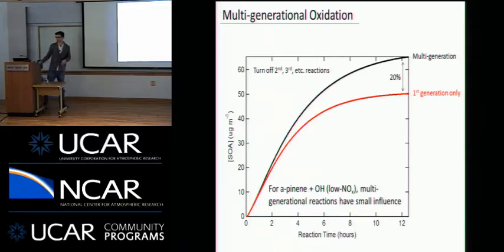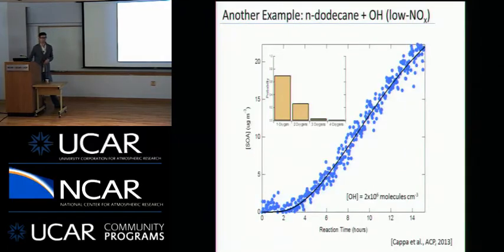So we can explore these types of things and maybe gain some insights if we think that we have a realistic parameterization. But just to contrast that for a second, here's a comparison with observations for dodecane. This is a C12 alkane. Same thing, SOA versus time.